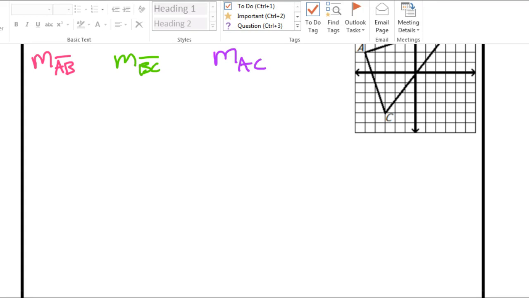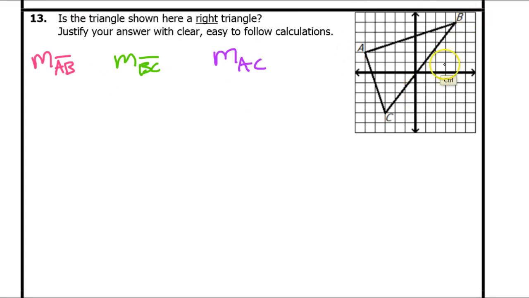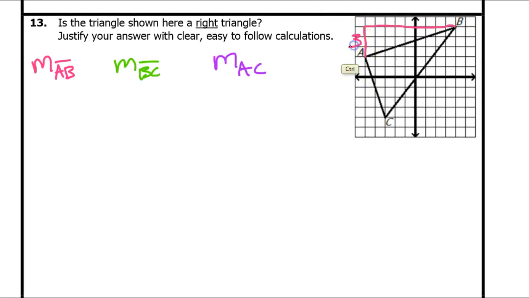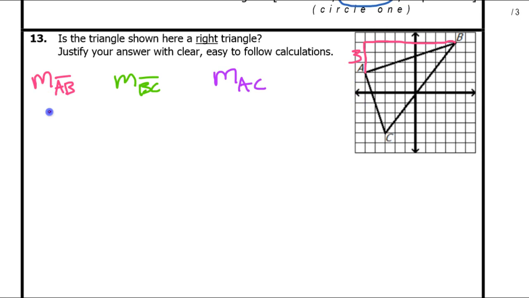Okay, let's do it. Let's start with AB. If I go from A to B, the slope is going to be the rise over the run. Okay, so that rise is positive 3. All right, I went up 3, so that's my rise. And I went over 9.